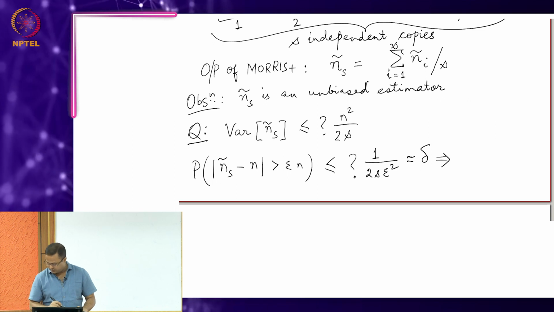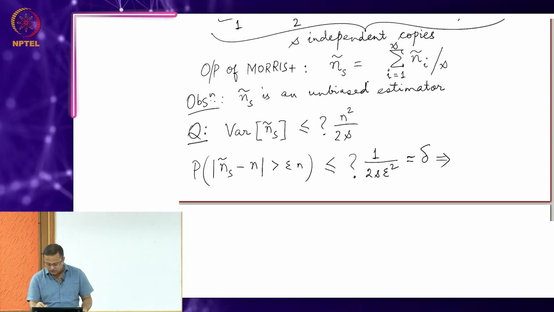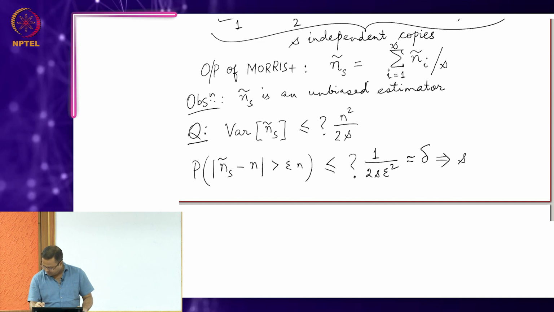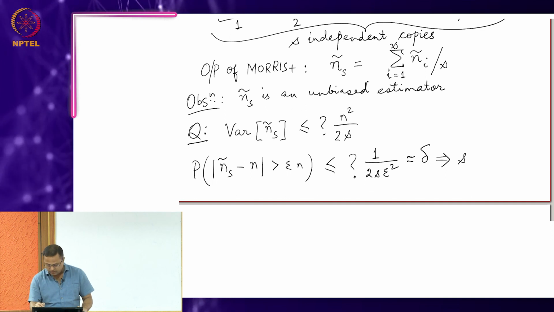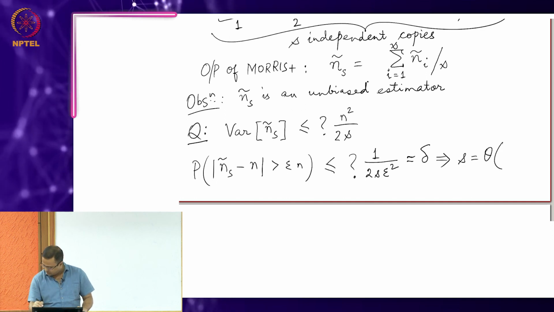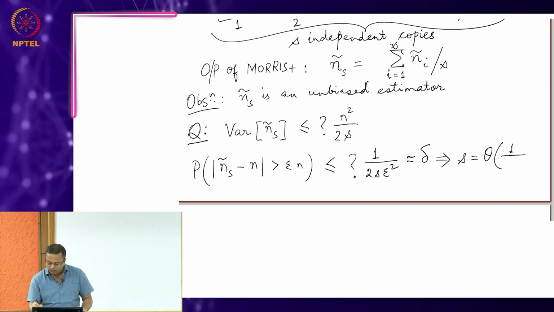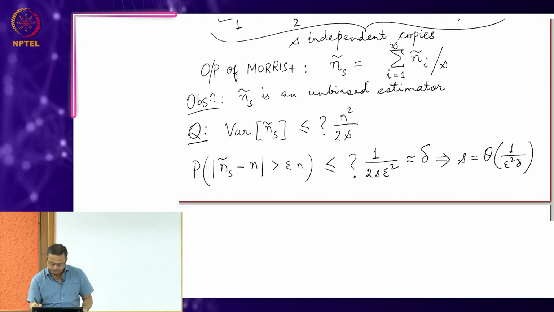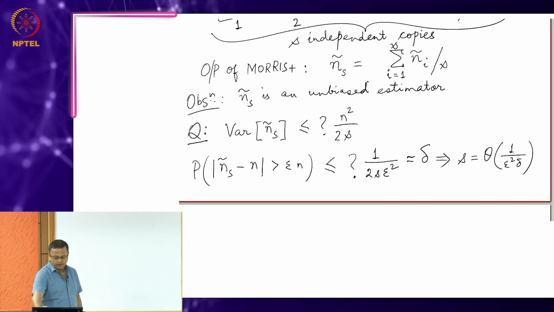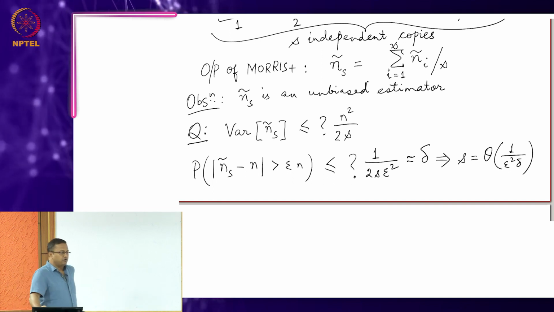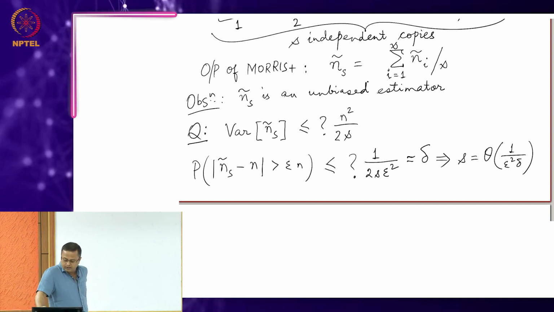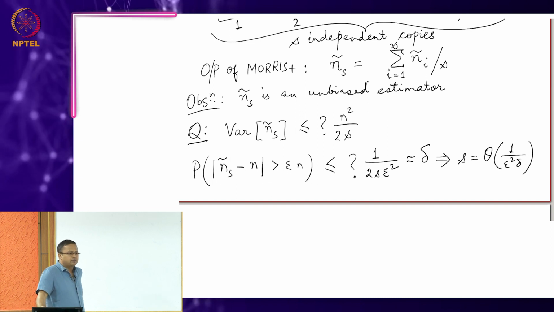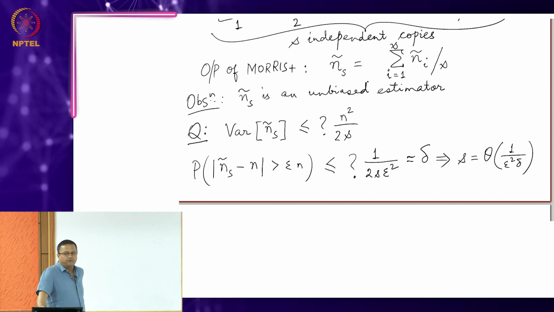So the implication of this is, if you do this calculation, S would come out to be some theta of 1 by epsilon square delta. So if your space is roughly 1 by epsilon square delta, then we are done.